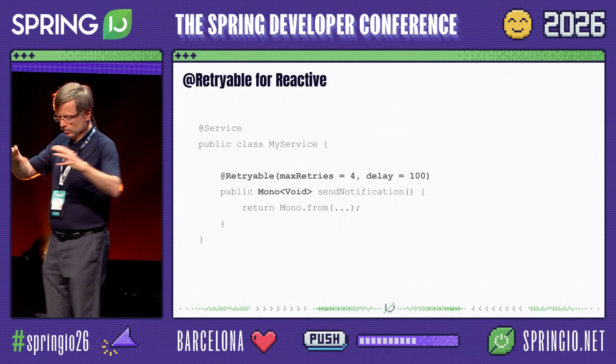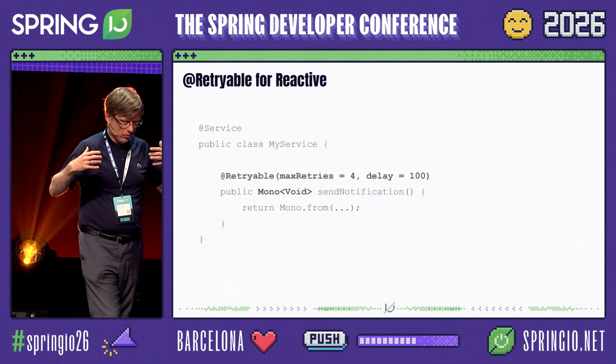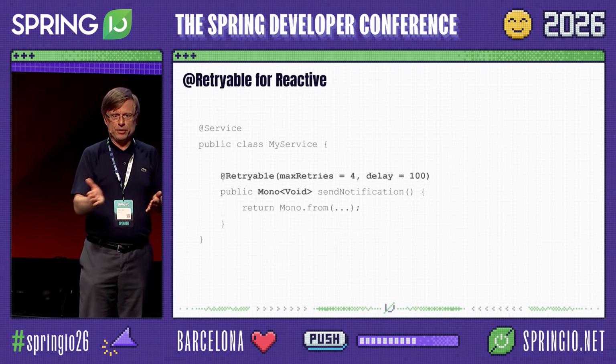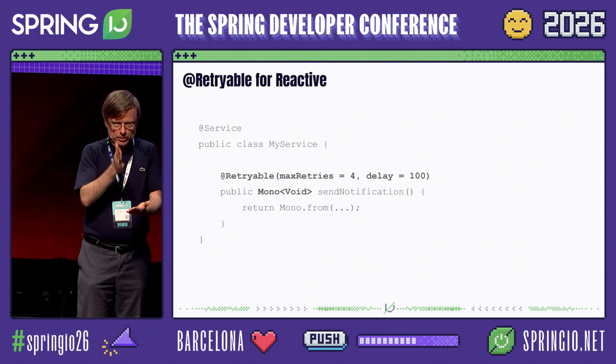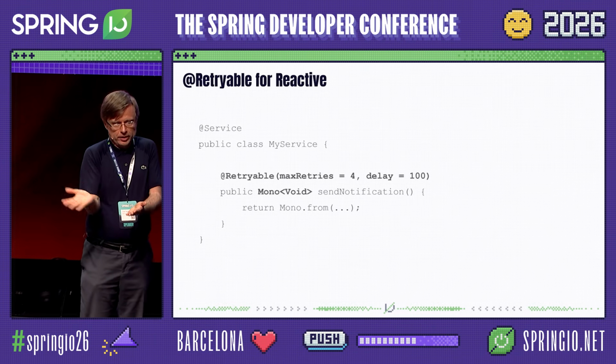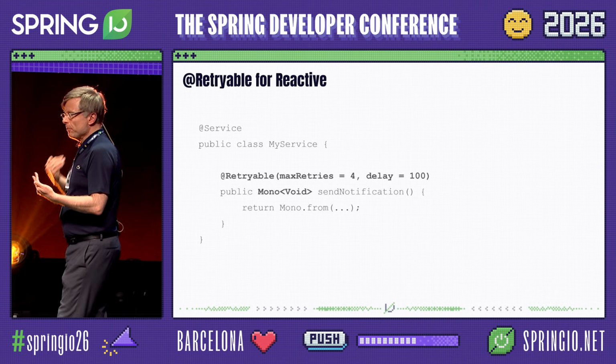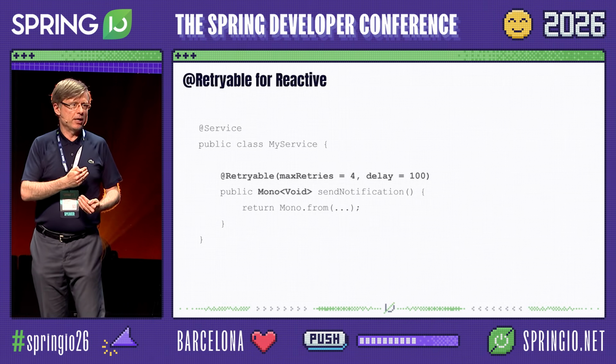So just quickly, if you do transaction management or cache management, there's basically two modes of operation. We immediately detect whether the method is imperative or whether it returns a reactive pipeline, and there's a different mode of operation if there's a reactive return type.